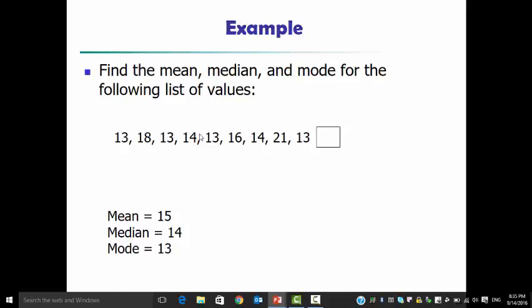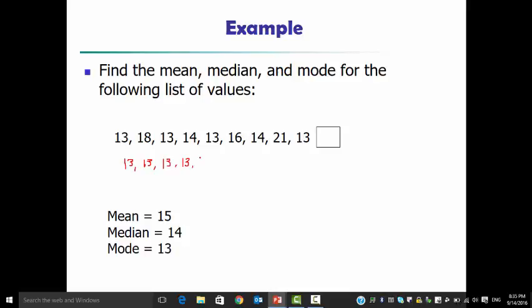So you have how many 13s? 1, 2, 3, 4. Let me see if I can get a pen. Oh, yeah, I have a pen. So we have 13 and 13, 1, 2, 3, 4, one more, and 13.